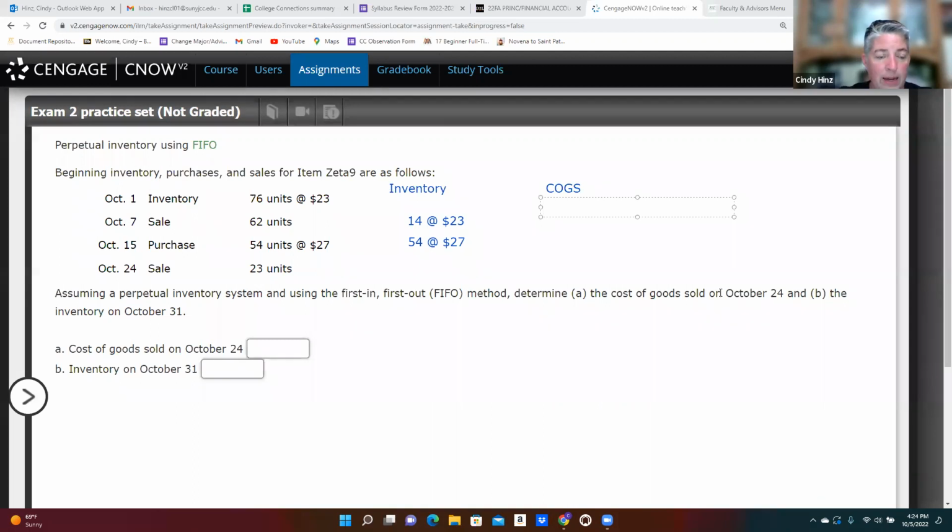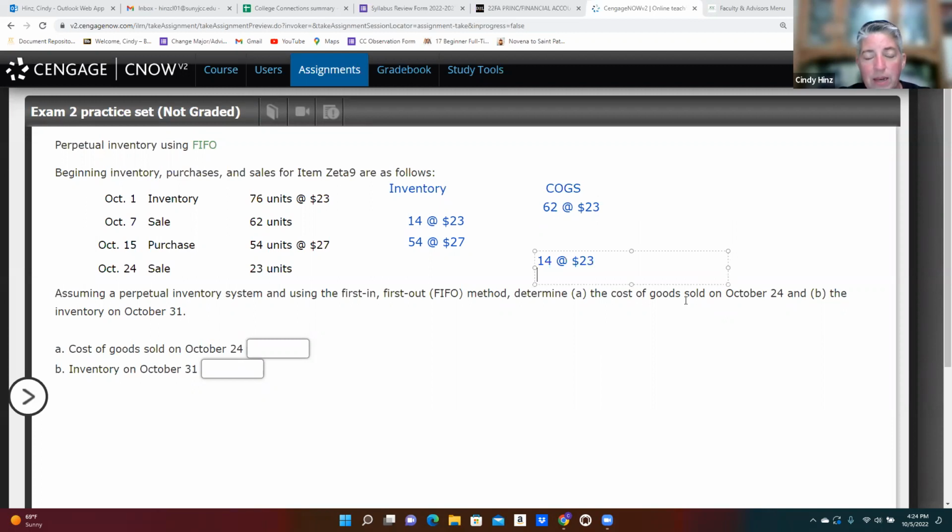So on October 7th, when we sold the 62 units, we would move those 62 units at $23 over into the cost of goods sold, and we had 14 left in inventory. We added the 54 more. So when we sold on October 24th, we would sell the oldest units first, 14 at $23.